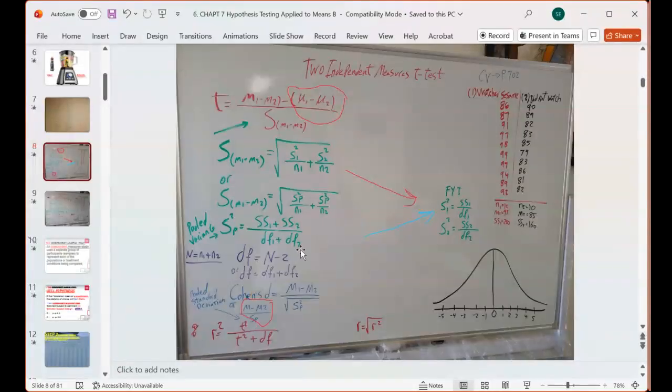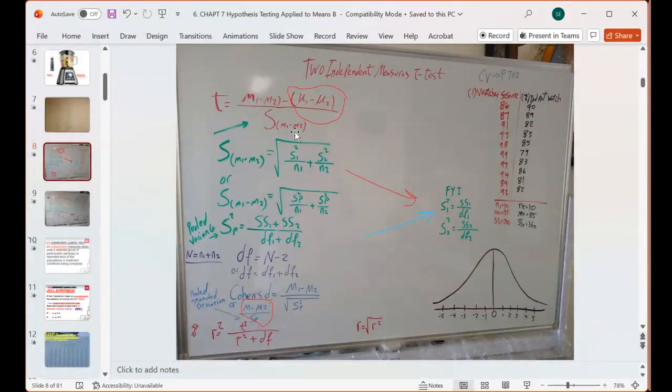Once you calculate the pooled variance, you plug it into the estimated standard error, the square root of pooled variance divided by the first sample size plus pooled variance divided by the second sample size.